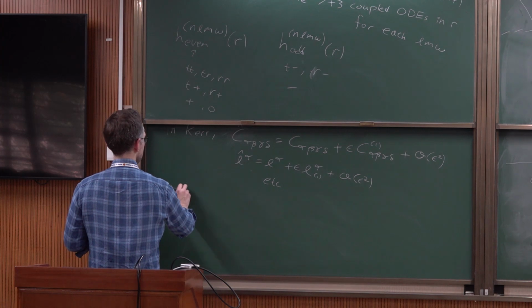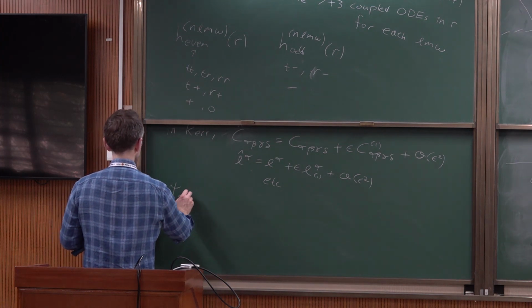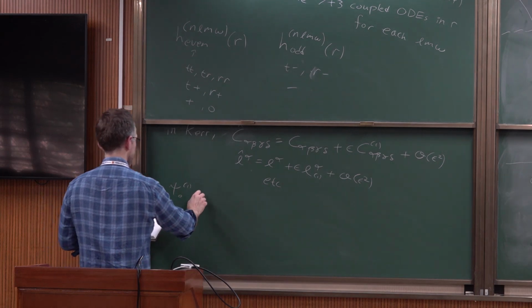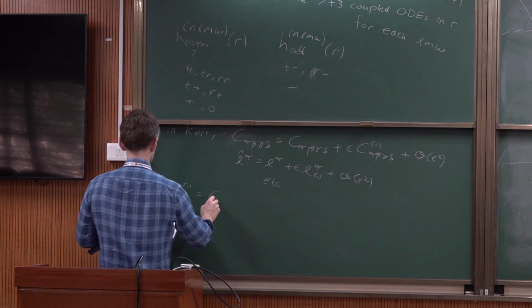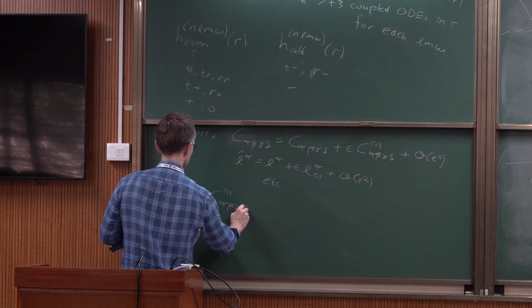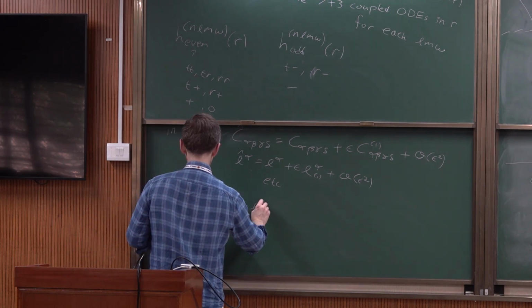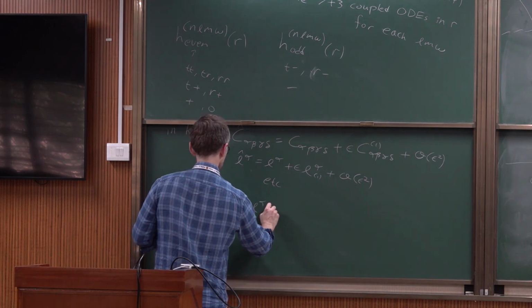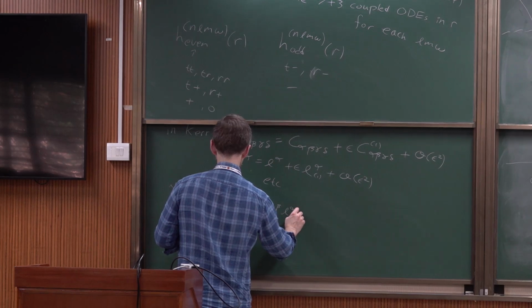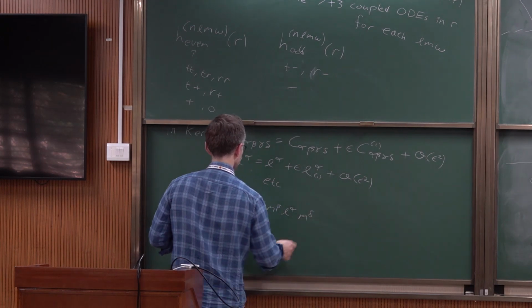Now, psi 0, and again, I'm going to stick to first order here, I'm going to write in two ways. So we have C1 alpha beta gamma delta, L alpha, M beta, L gamma, M delta.